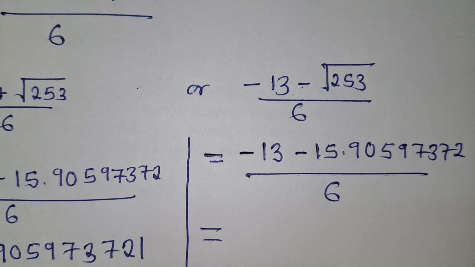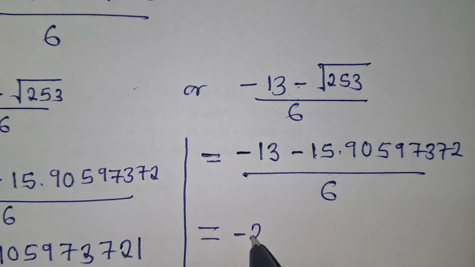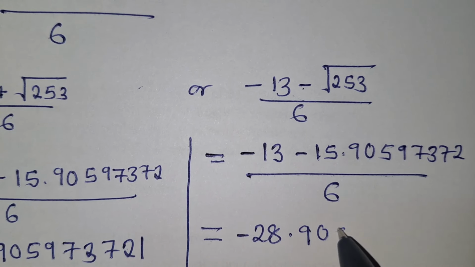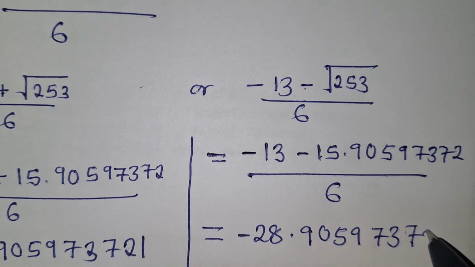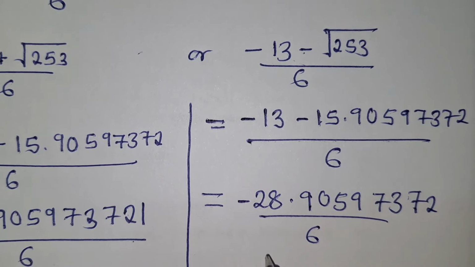So when we add there, this, of course, is giving us negative 28.90597372, divide by 6.